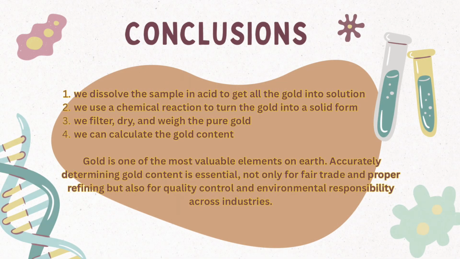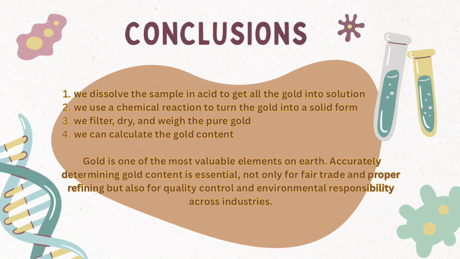In short, we first dissolve the sample in acid to get all the gold into solution. Then, we use a chemical reaction to turn the gold into a solid form, often as gold metal or a gold compound. After that, we filter, dry, and weigh the pure gold.